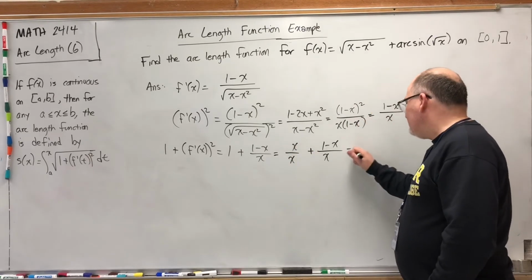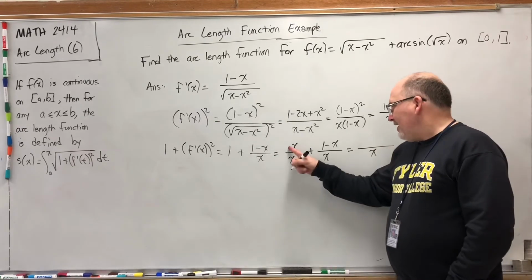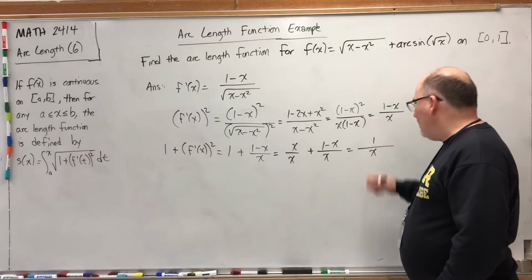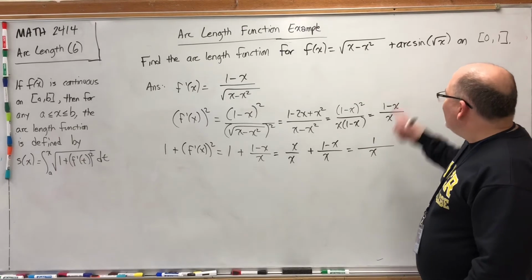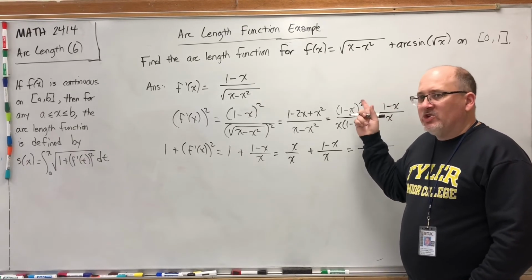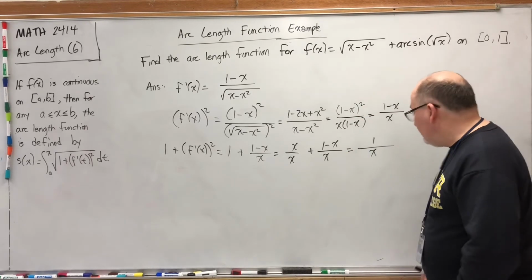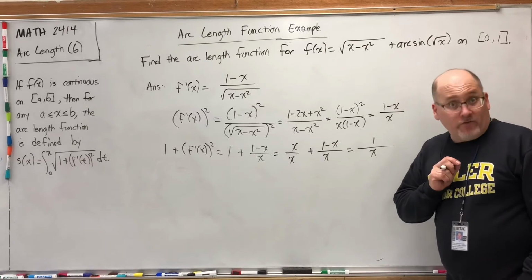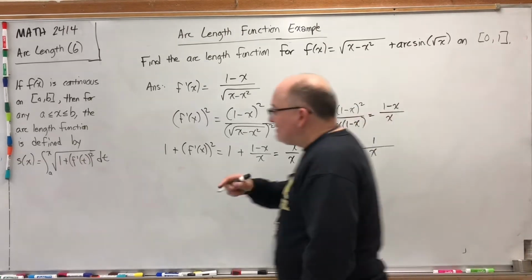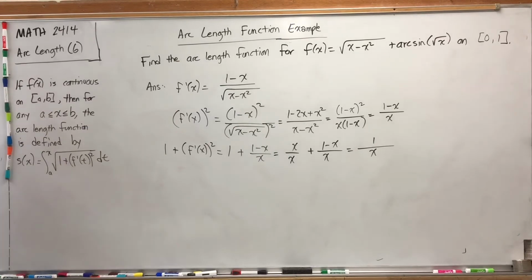And now we can add these fractions together by combining their numerators, but look, x and negative x cancel, leaving a 1. So this nasty, messy function, after differentiating and squaring and then adding 1, collapses all the way down to 1 over x. So that's the thing we're going to park underneath the square root.